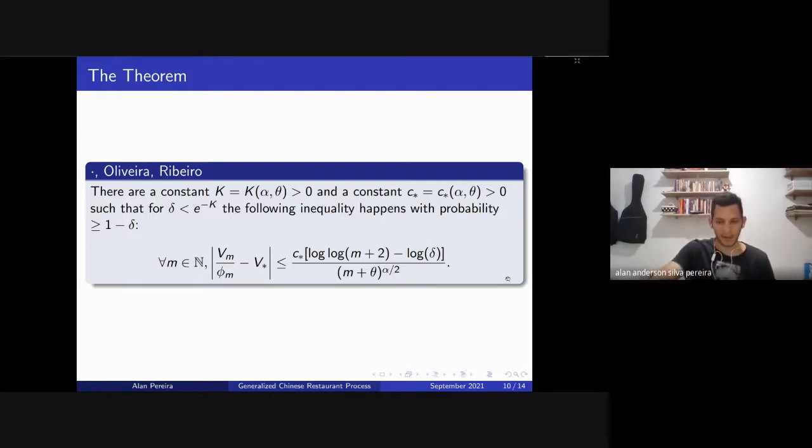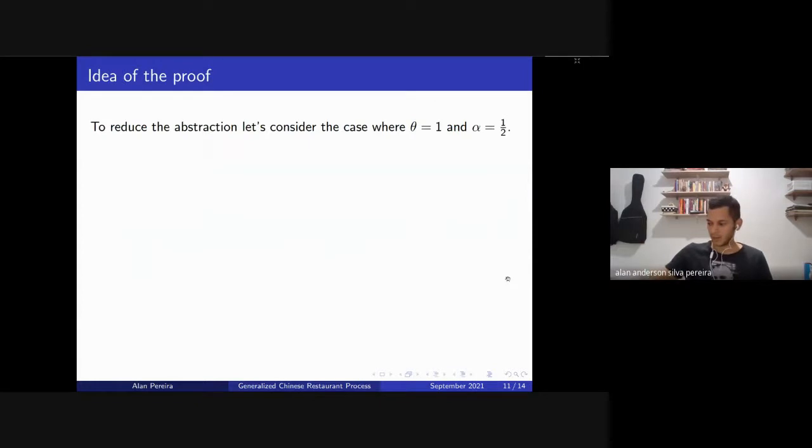Okay. Our next step will be to see how we can prove that. What's the idea to prove that? So I tried to reduce the abstraction, looking at theta fixed and alpha fixed, but the idea is similar if you want to take other theta or other alpha, and the difference will be like a problem of real analysis in the other case.